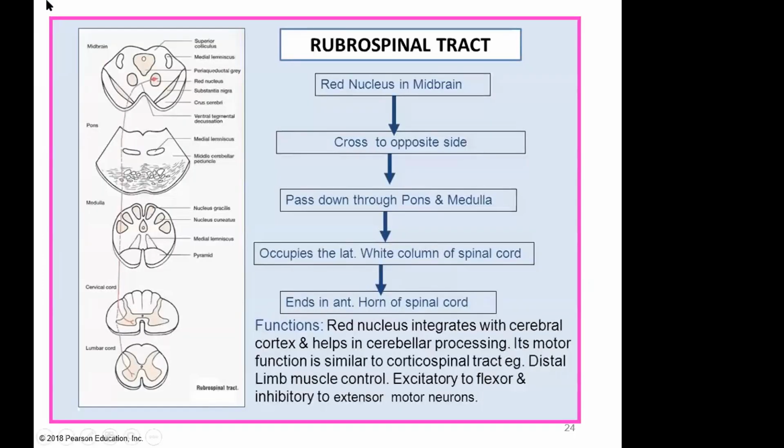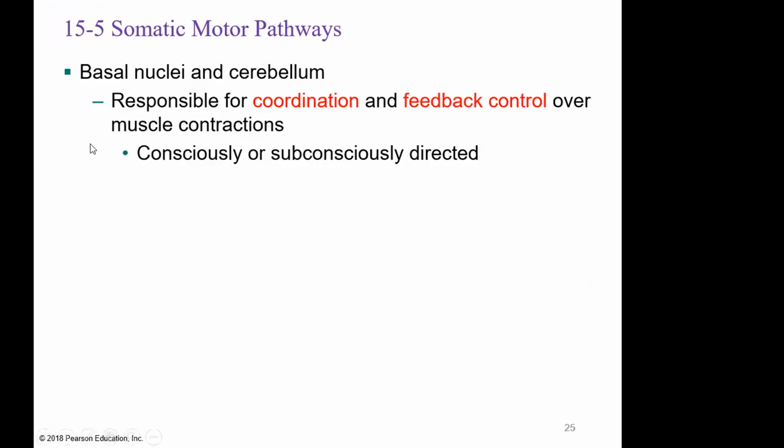Here's your picture. Starting in the red nucleus of the midbrain, it crosses over to the opposite side, goes down through the pons, down through the medulla, and keeps going down to the cervical cord for our rubrospinal tract. Okay, limb control.